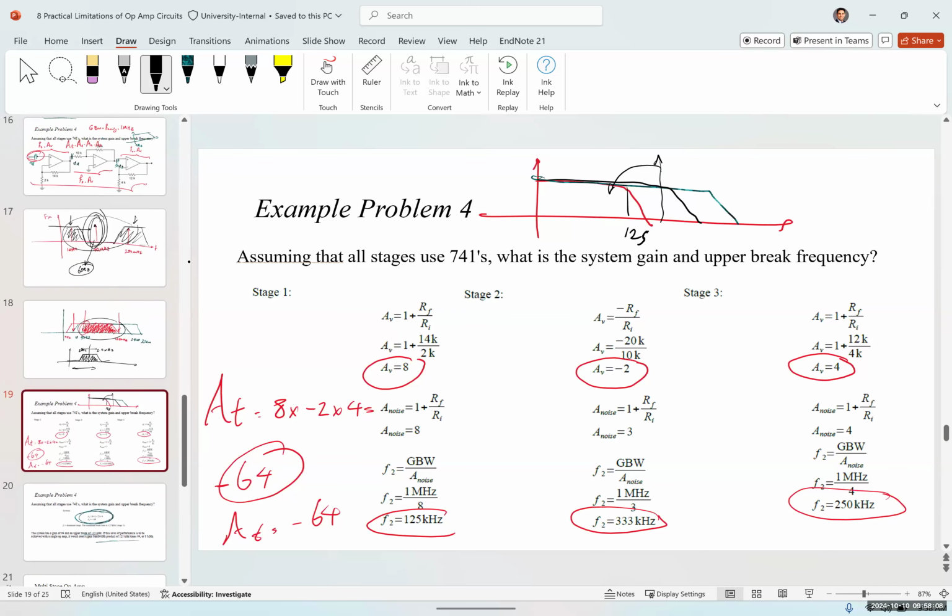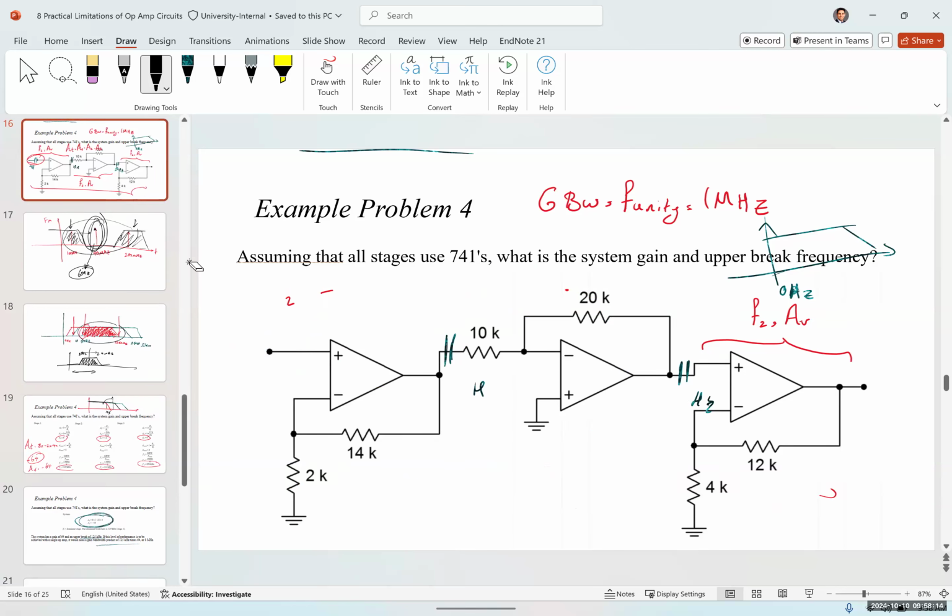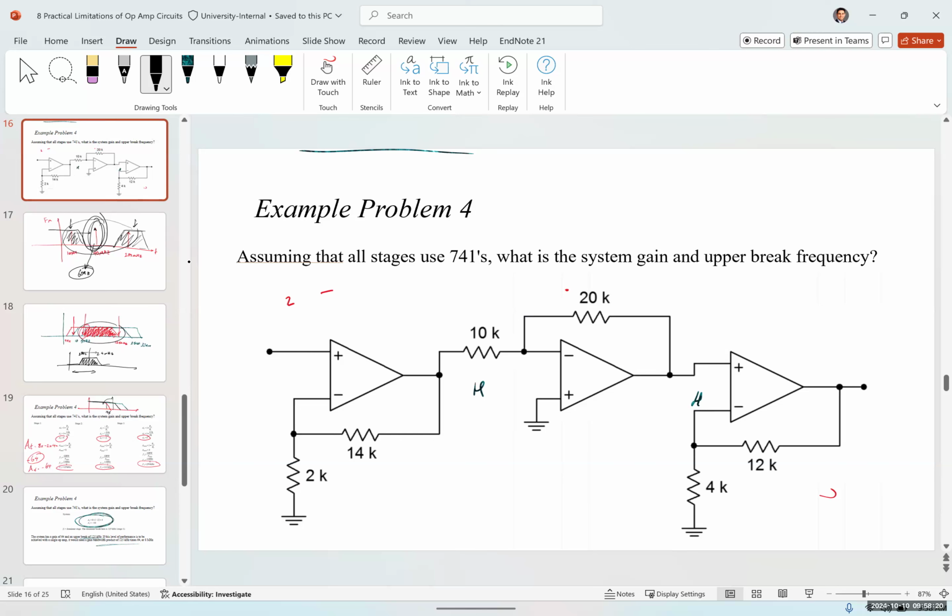Let's go back to this example. Imagine we have 3 stages of op-amps connected to each other in cascade, and the A noise for the first one is 5, for the second one is 5, and the third one is 5. So A noise for all of them is 5, and the gain for all of them is also 5, for example.